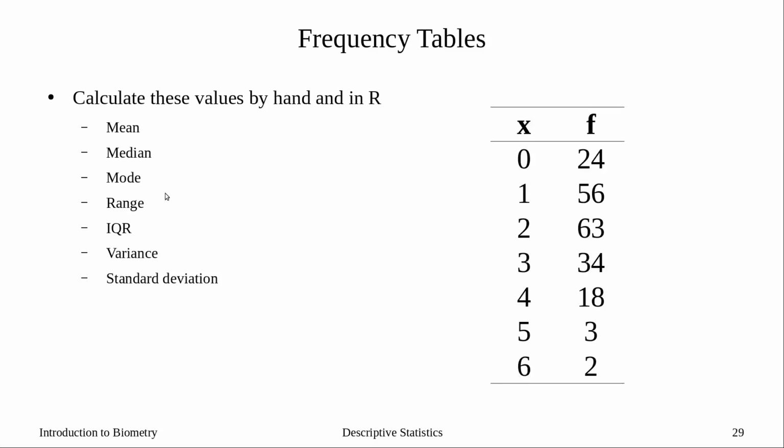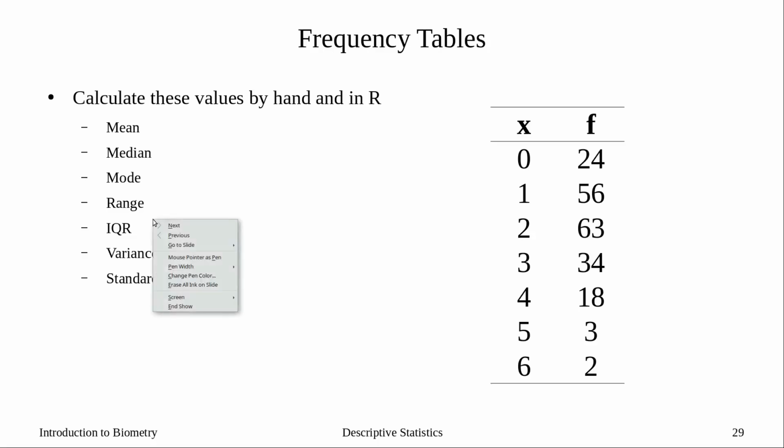So here's a practice frequency table. I want you to calculate these values. Now, what we didn't do is calculate the median and interquartile ranges of a frequency table by hand. We could.